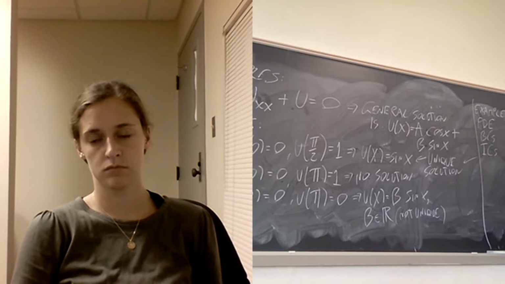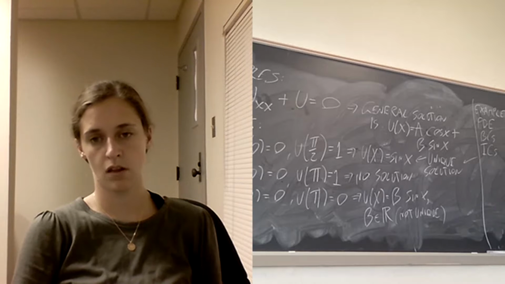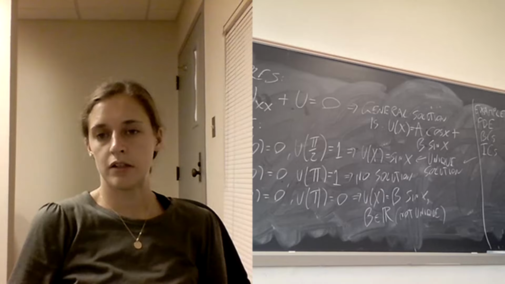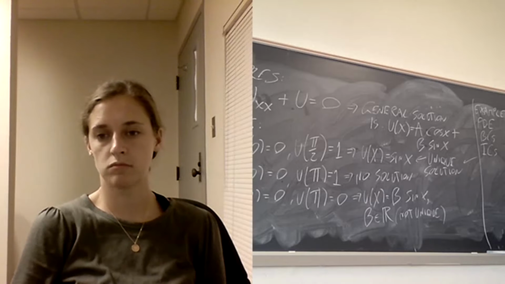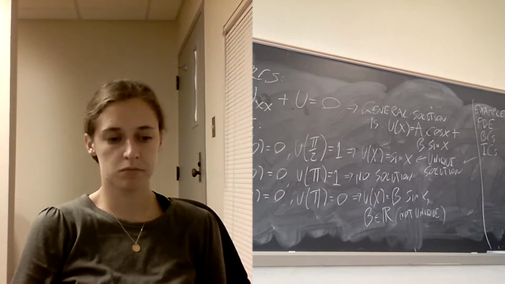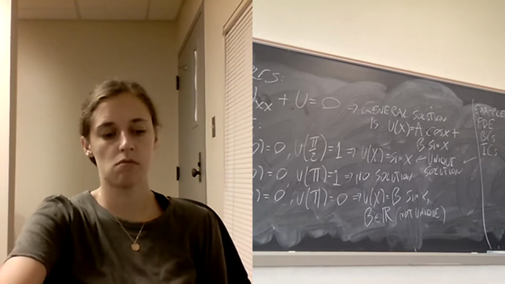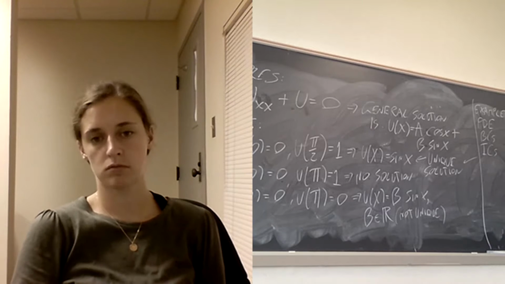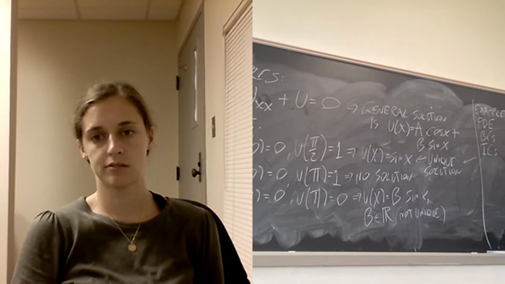So the PDE will just be a heat equation. The domain is the interval x between 0 and 1. For the boundary conditions, we'll just say that u is equal to 0 on the boundary, so Dirichlet boundary conditions. And then for the initial condition, well, there has to be one. Don't need to specify what it is in this case.